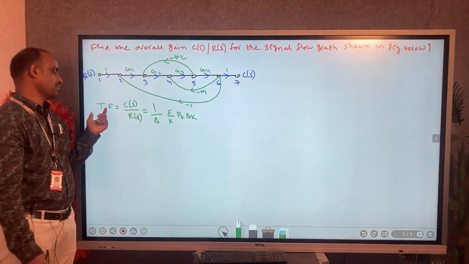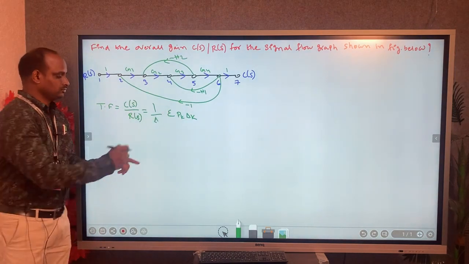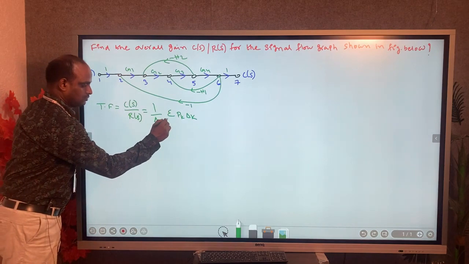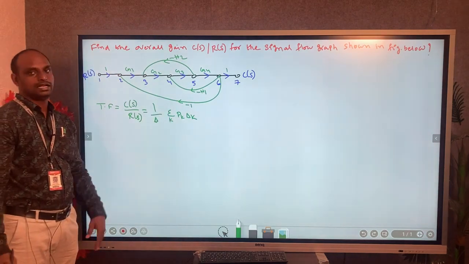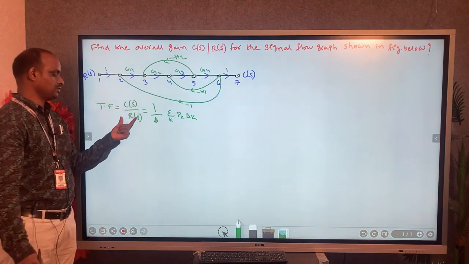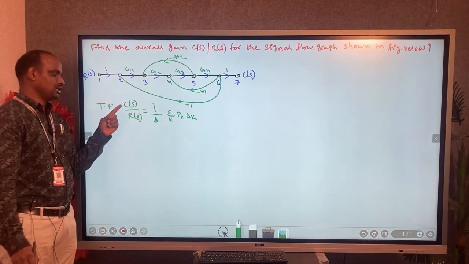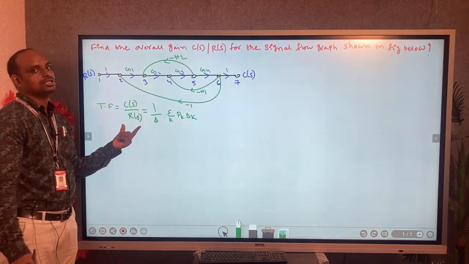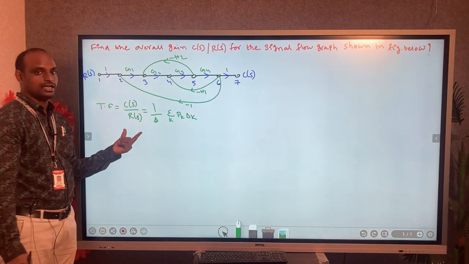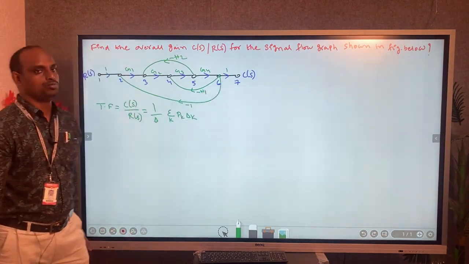Generally it is given by T equal to 1/delta summation Pk delta K. Here I have taken C(S)/R(S). Generally the transfer function is defined as the ratio of the Laplace transform of output to the Laplace transform of input, neglecting the initial conditions. So here R(S) is the input and C(S) is the output.